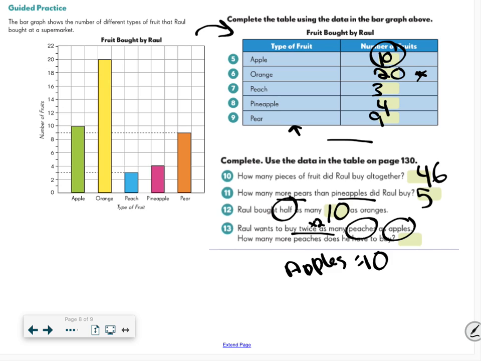So if there's 10 apples, then twice 10 is 20. So I know that he would like to have 20 peaches. Okay? But the question is, how many more does he have to buy? Well, if I'm looking at my table, he only has 3 peaches right now. So if he only has 3, I know that he needs to buy 17 more peaches so that he can have 20. Okay? Go ahead.